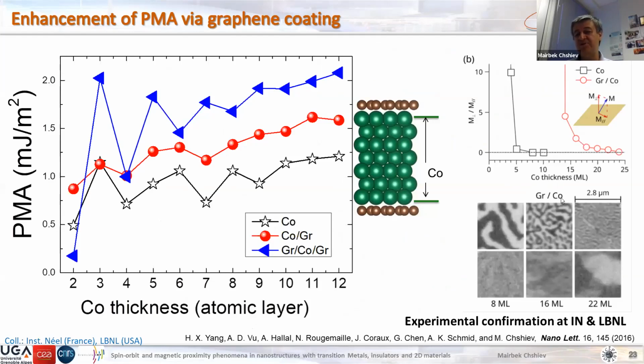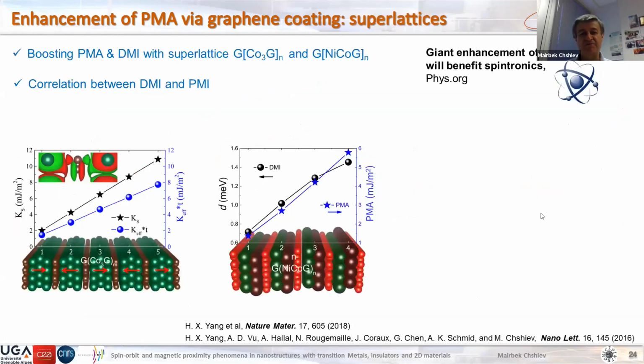They created cobalt-graphene interfaces on top of iridium by intercalation, and indeed, in the presence of graphene, the thickness of cobalt where you can still observe the perpendicular anisotropy is much larger compared to when you have cobalt only. So that was an experimental observation.